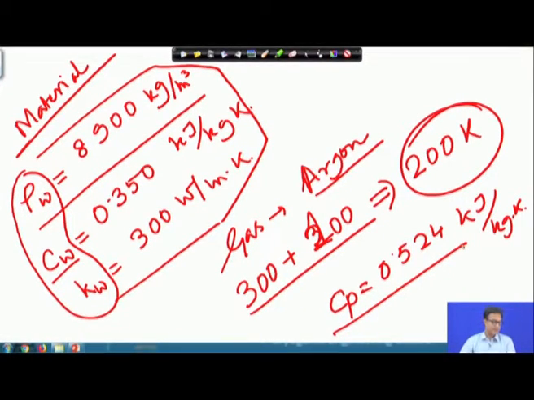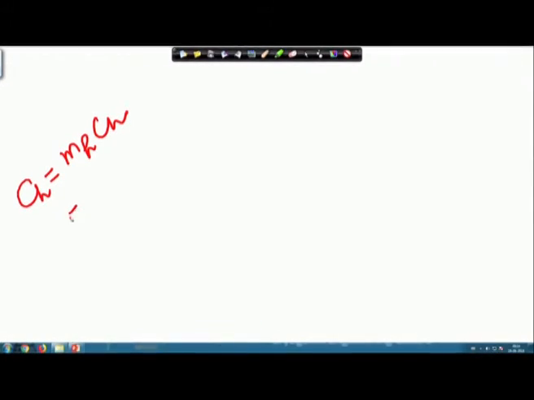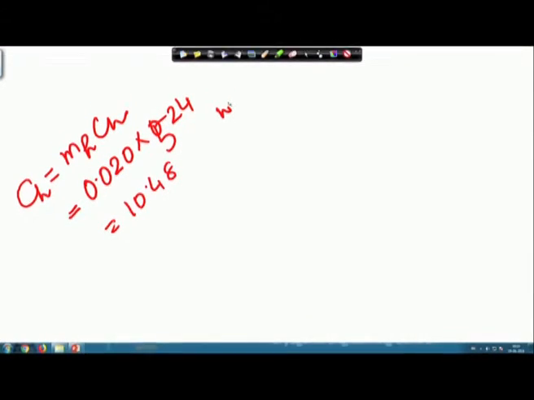Once we know the Cp of gaseous argon, we would be able to calculate the heat capacity of the hot fluid and that of the cold fluid. So, Ch equals m_h Cp, and that will come out to be 0.02 multiplied by 524, which comes out to be 10.48 watt per Kelvin.